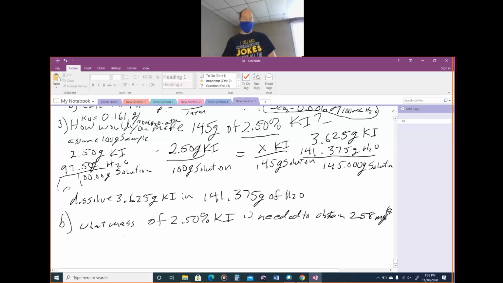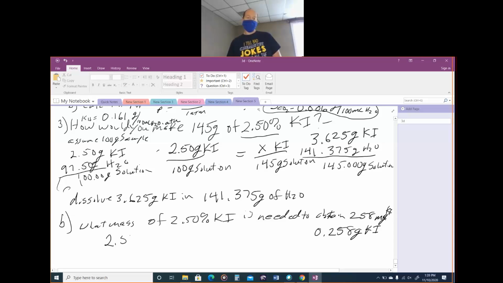We have our amount of KI that we want, and we'll put it in grams. So convert this into grams. We need 0.258 grams of KI.